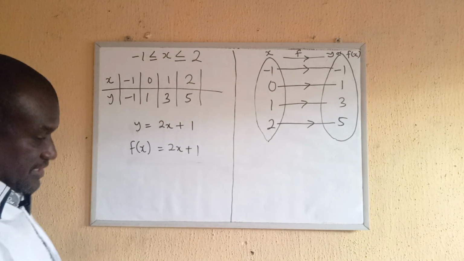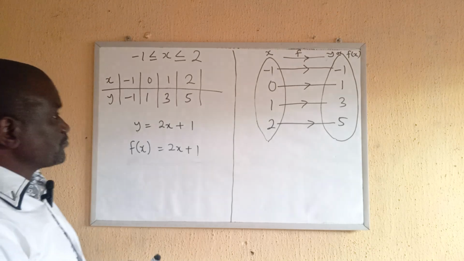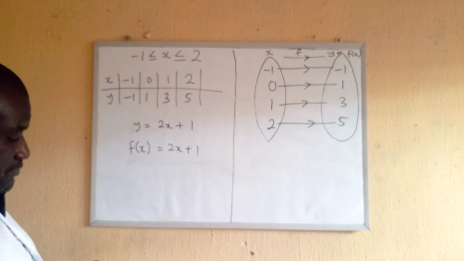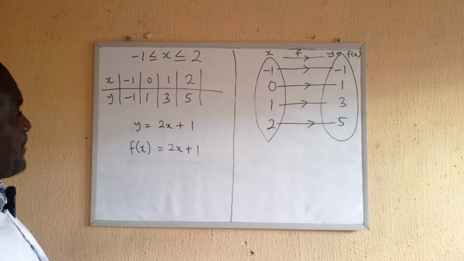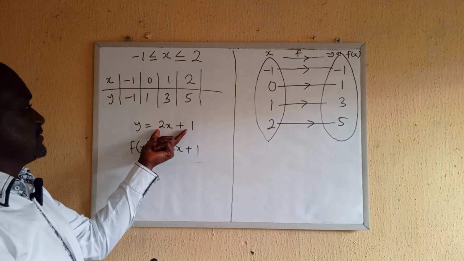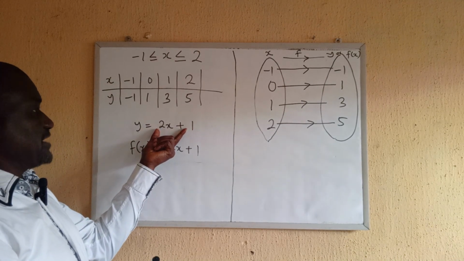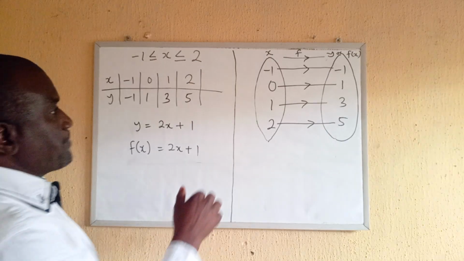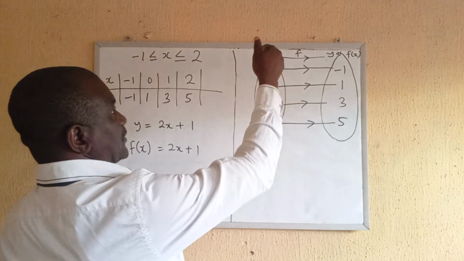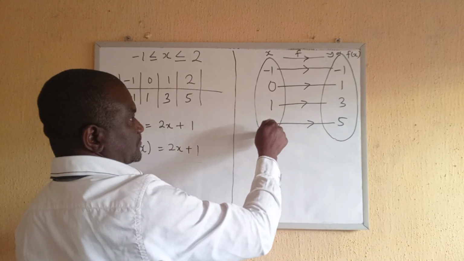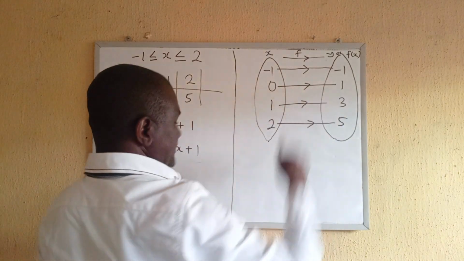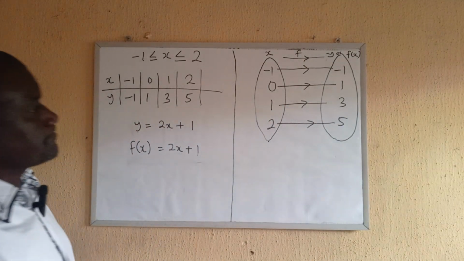That is why in the other class, we defined a function as a relation or a mapping. So this expression here is a function. We say it is a mapping or a relation that assigns every element in the domain to an element in the codomain.